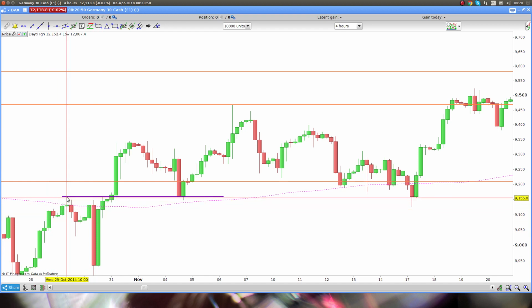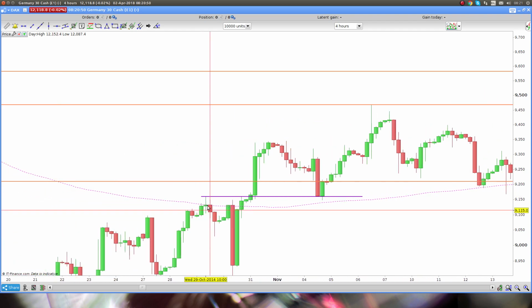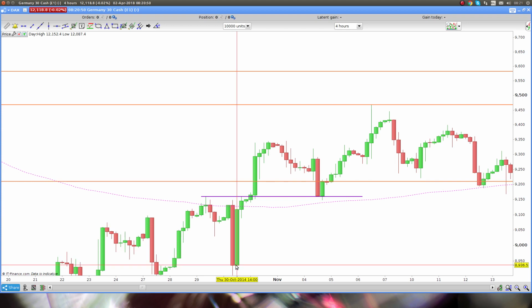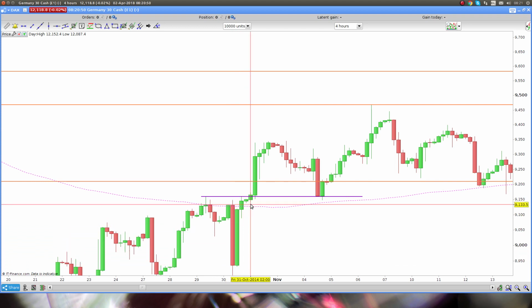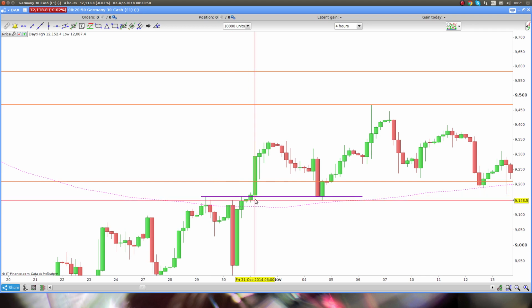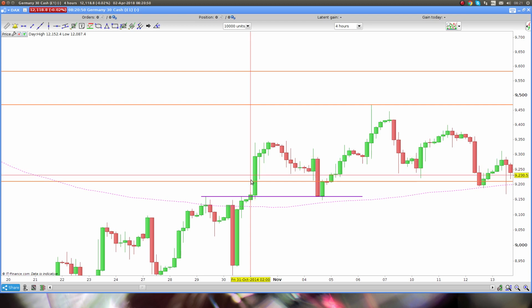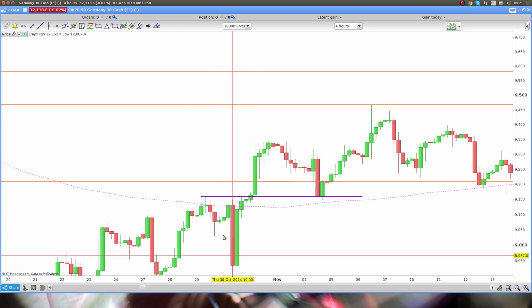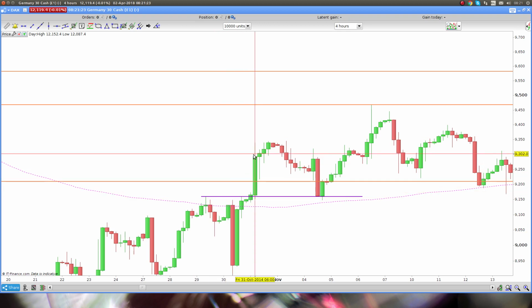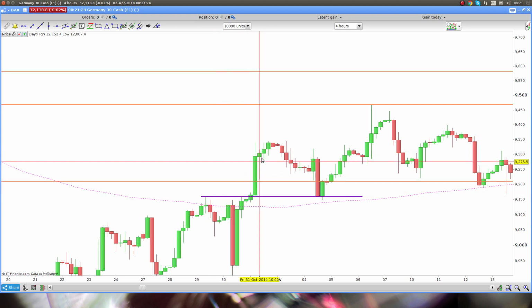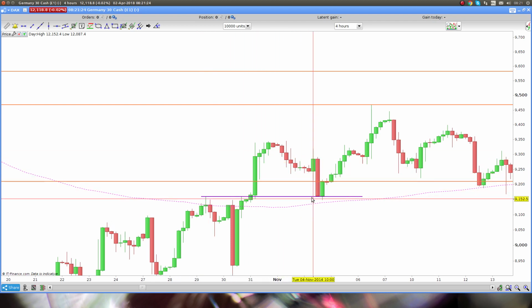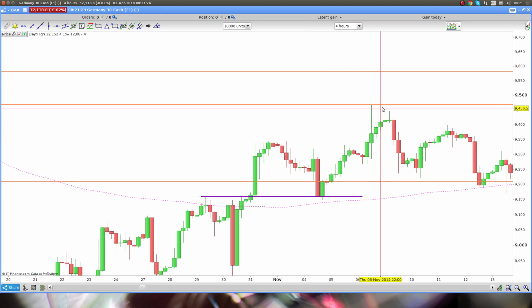Price pushed up to this point, created a high, came off, tried to make another high, failed, came back down, and the bulls tried again to push, and this time they got through. This candle was quick and violent to the upside, because all the stop losses that were here, from people trying to push the price down, got triggered, and now it's moving up. So price will come back and test this breakout. And look here, it came back, found support at the breakout, and then continued rallying up.